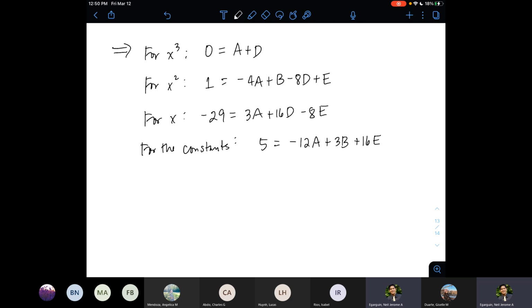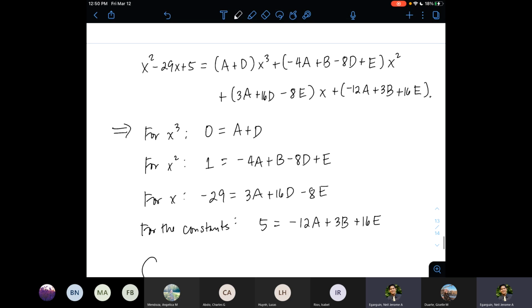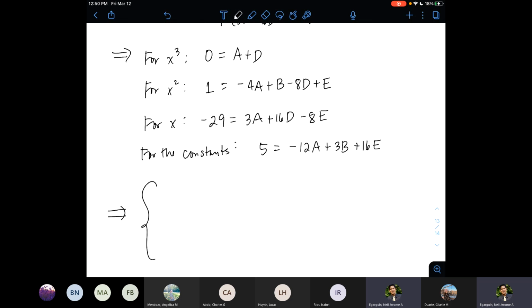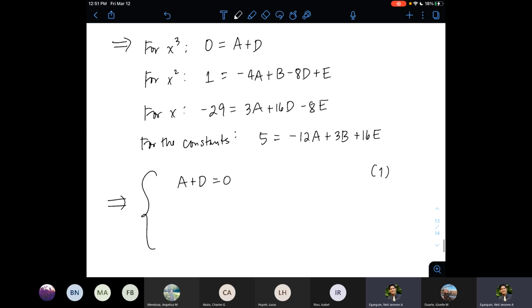And we now have ourselves a system of linear equations with 4 unknowns, a, b, d, and e. Okay. But we can take advantage of the fact that we already know that b is equal to minus 5. So let's rewrite this as a system. The first equation, I'll have a plus d equals 0. Let's call this equation 1. Okay.